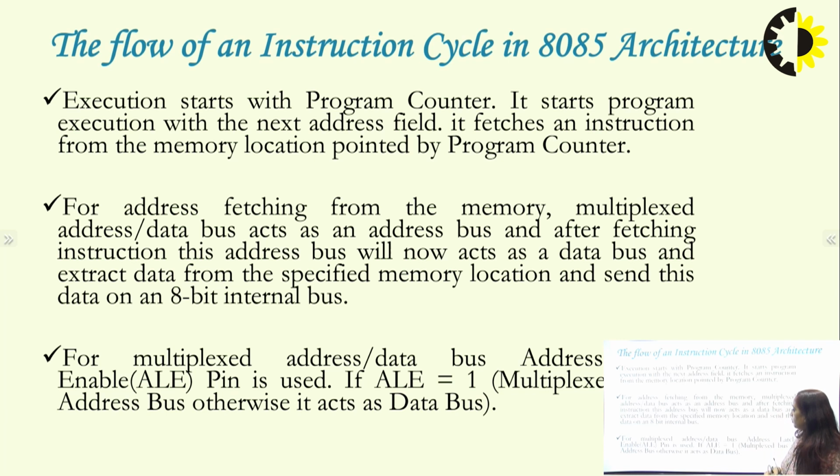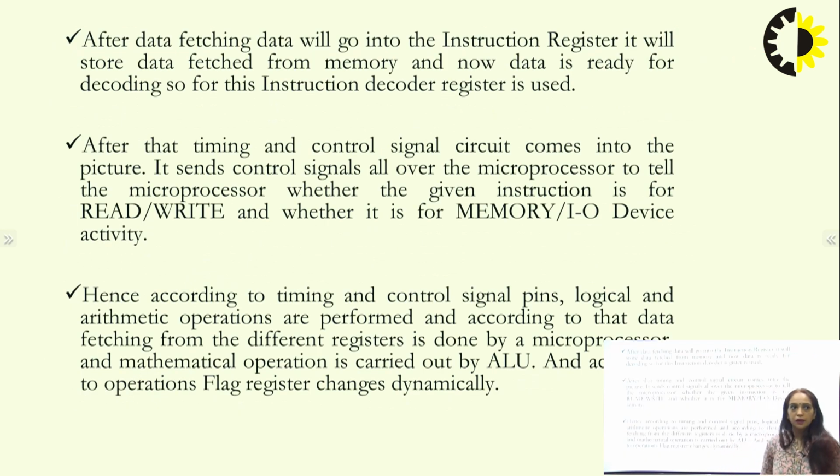So we have these multiplexed lines, and when the value of the ALE signal is 1, they hold the address, and whenever the value is 0, they hold the data. After data fetching, data will go to the instruction register. It will store the data fetched from the memory, and now the data is ready for decoding.